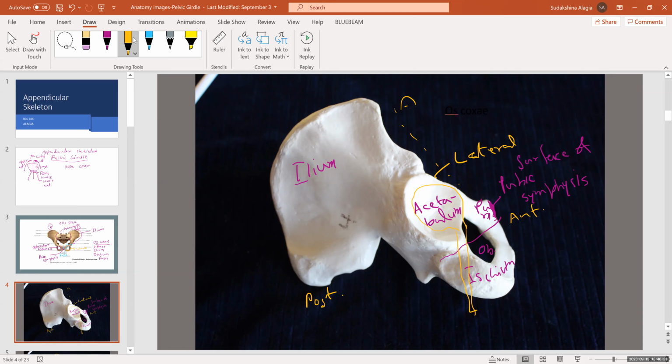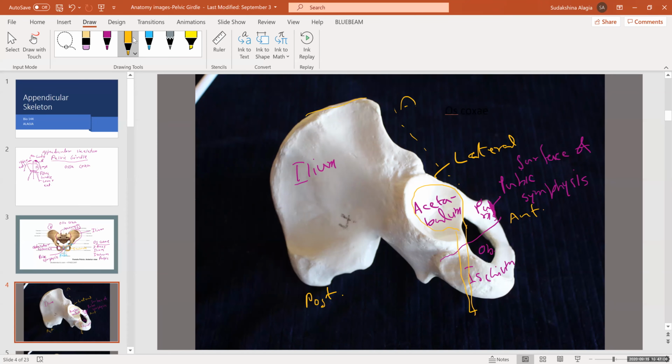Looking at the bones together, now things will start making sense because we have structures like anterior superior iliac spine, posterior iliac spine, iliac crest, sciatic notch. The iliac crest is a tough ridge border.